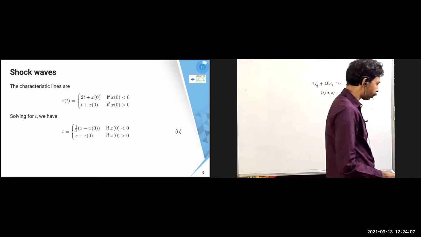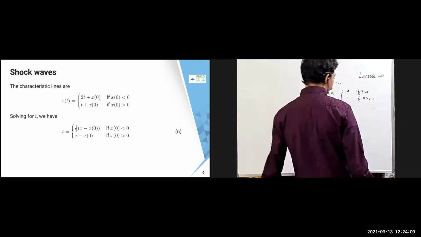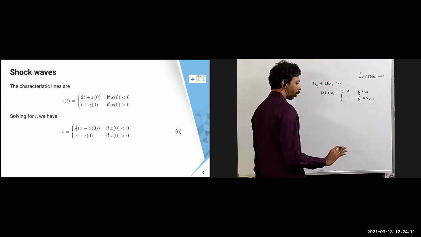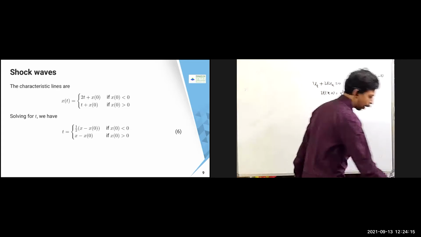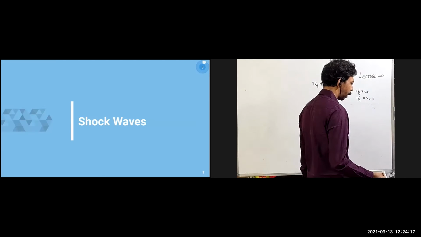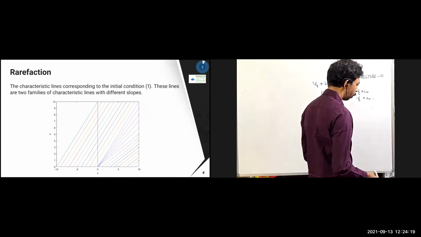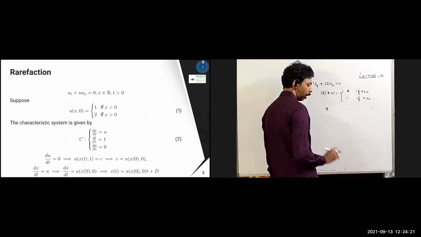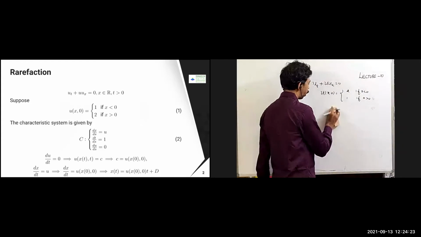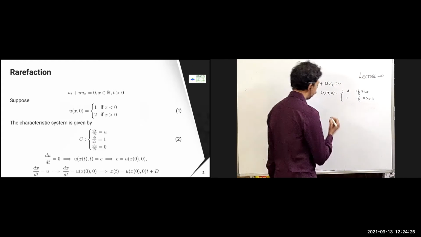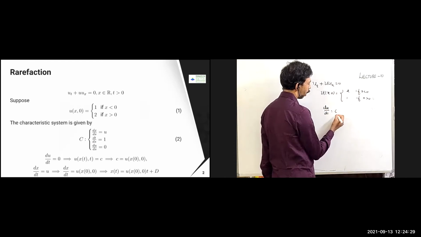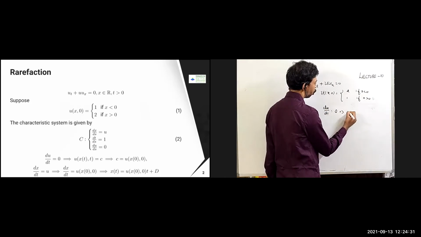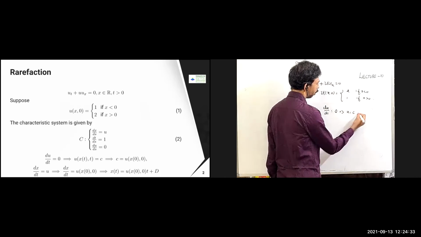Okay. So in this case, what is the characteristic line? Same phenomena, whatever you have solved. Okay, so we are going to have x of t. We solve the same equation, I just repeat one more time. So what you are going to have is du by dt equal to 0, which implies u is constant.